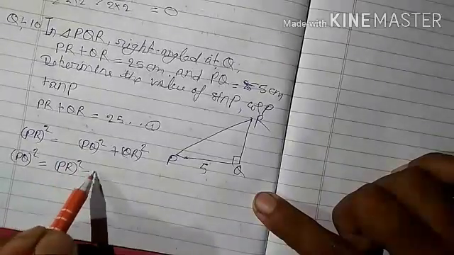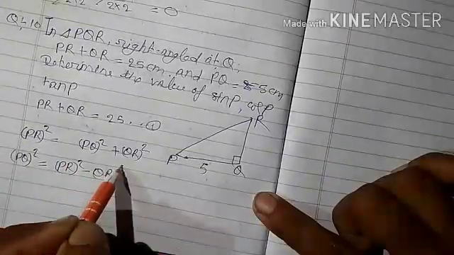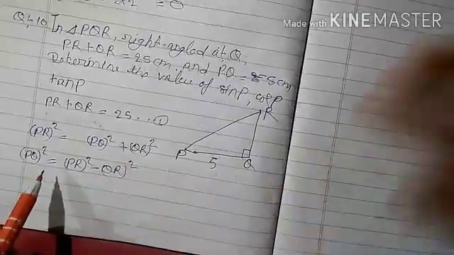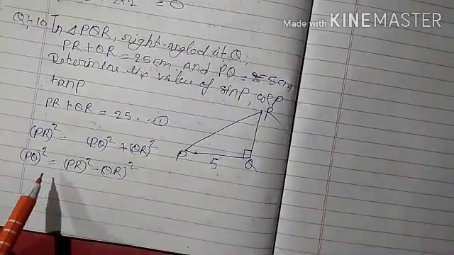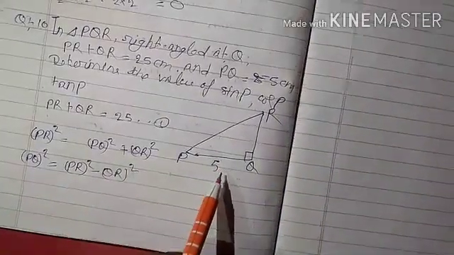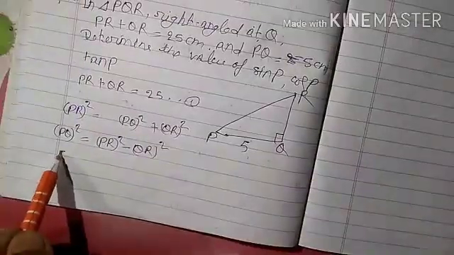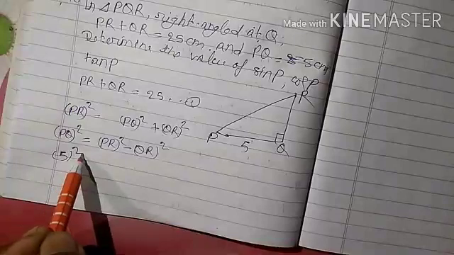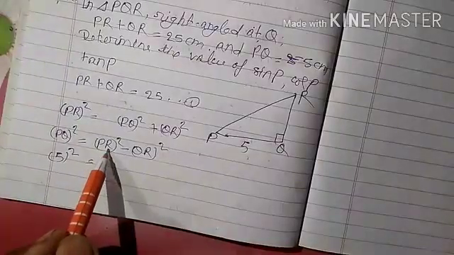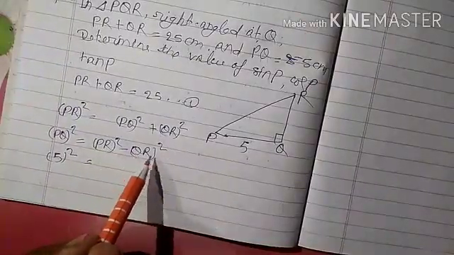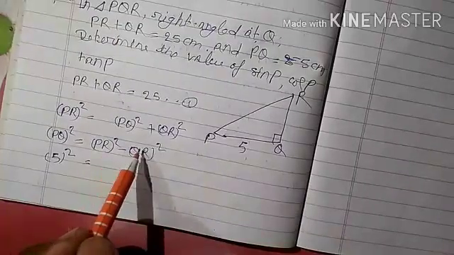PR square minus QR square. So the value of PQ is 5. So we put the value of PQ, that is 5, square. So PR square minus QR square, that is A square minus B square.